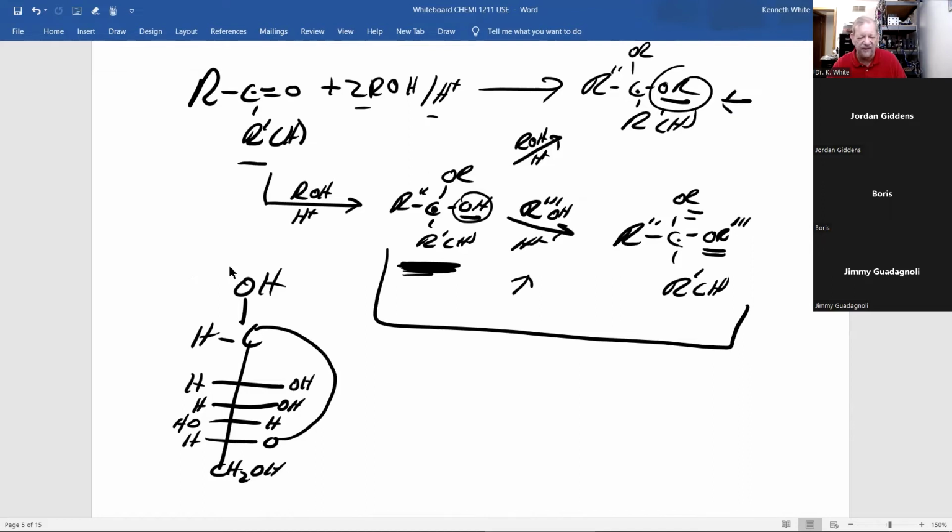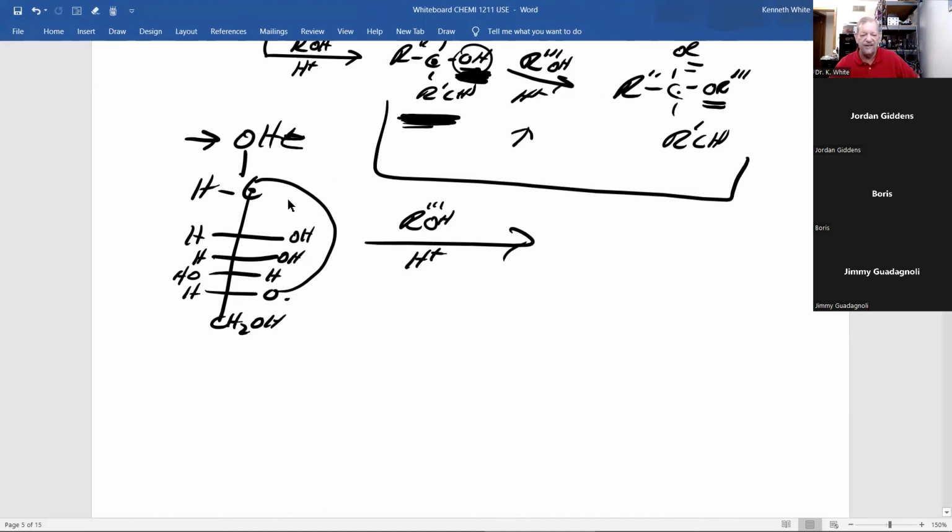This carbon here is this carbon here. This hydroxyl group here is on this one with the other oxygen right here. And if I react this with alcohol and acid, I'll replace this like I'm replacing this. So let's do it.